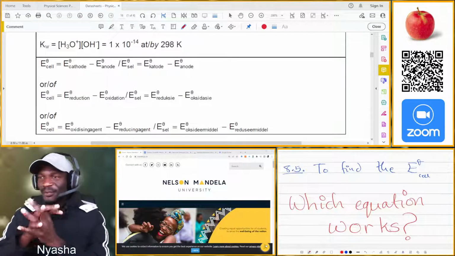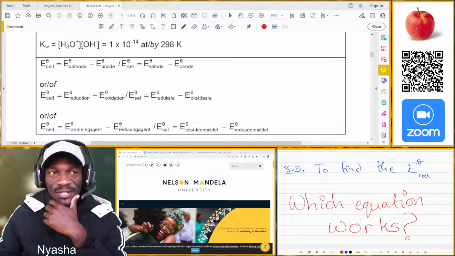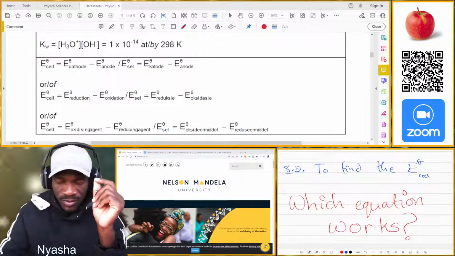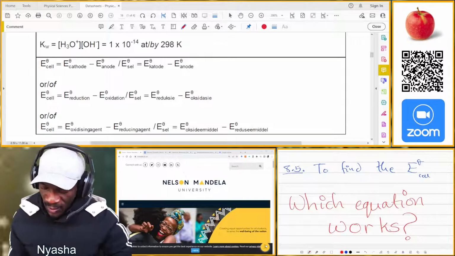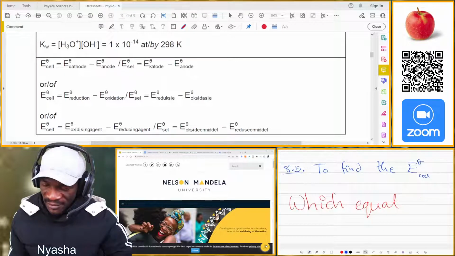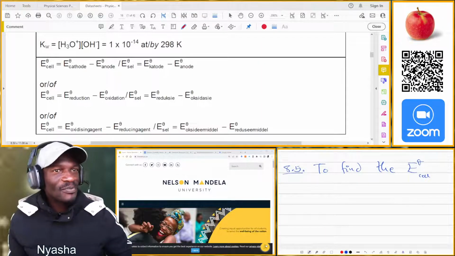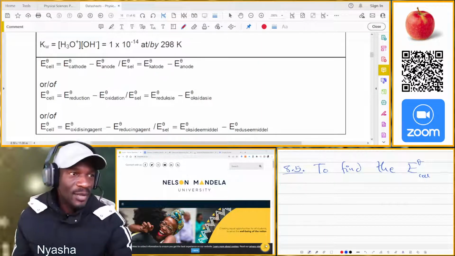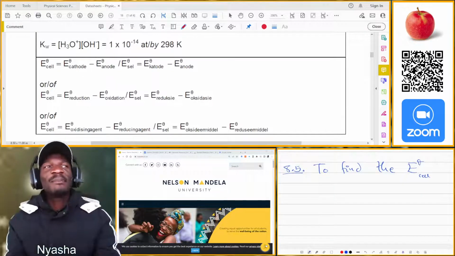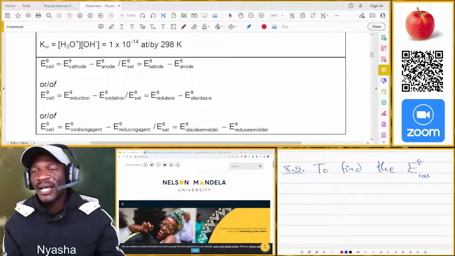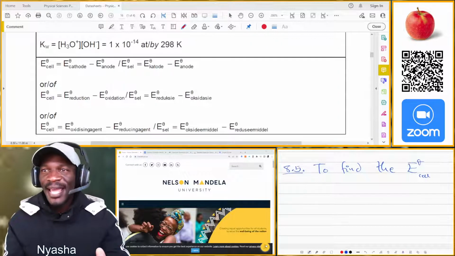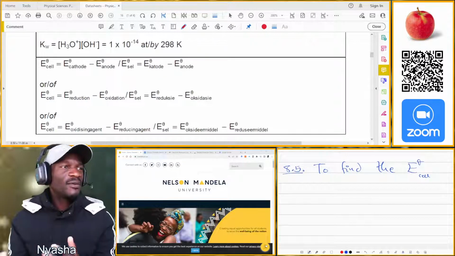Right, I think we've seen what we can do. We've identified what to do there. Which equation works? So from what you have tried out, let's see the format of the equation, because the equation has been supplied, isn't it? So you just want the format. How does the equation look like, and which is appropriate for our case?